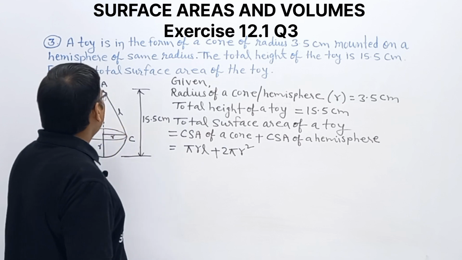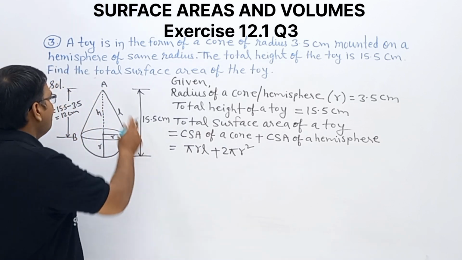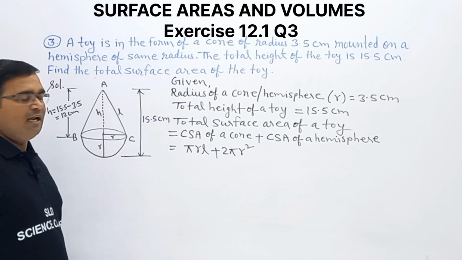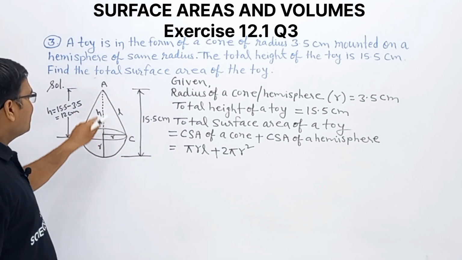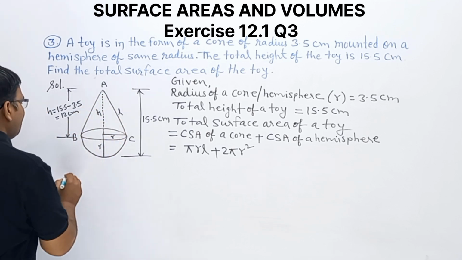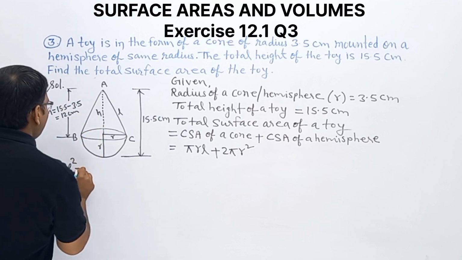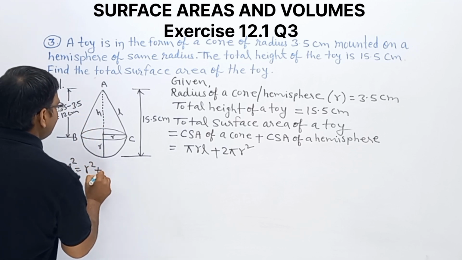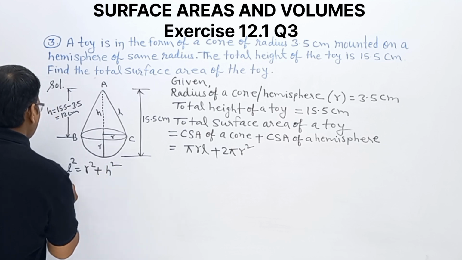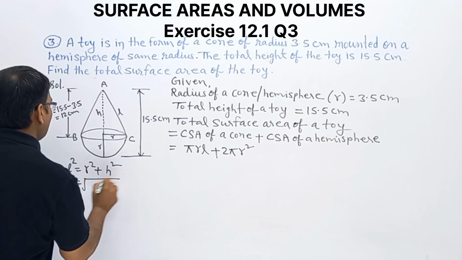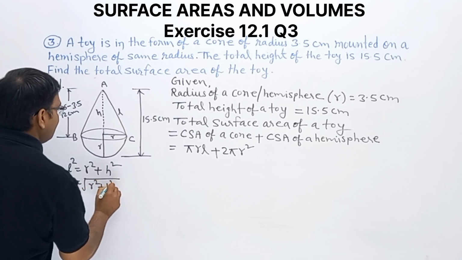In the question we do not have l, but in a cone once we have the radius and height, we can find l. In a cone this is a right triangle, so we apply the Pythagoras theorem: l squared equals r squared plus h squared, which can be written as l equals square root of r squared plus h squared.